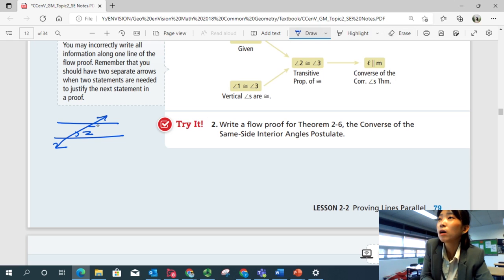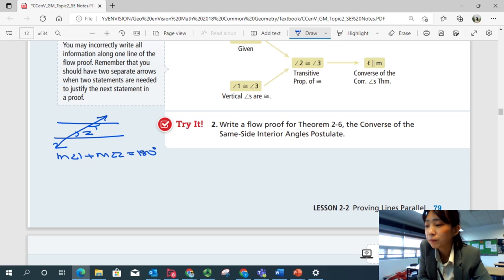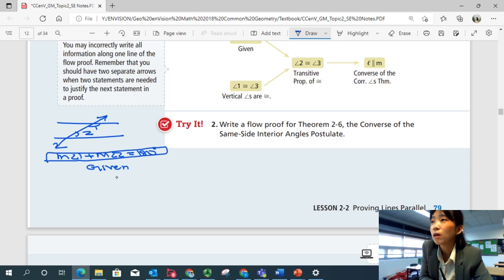So if that's 1 and that's 2, you know that measure of angle 1 plus measure of angle 2 add up to 180 degrees. That's the given information. So you're going to start with this given information. And then what else can you use in order to prove this?